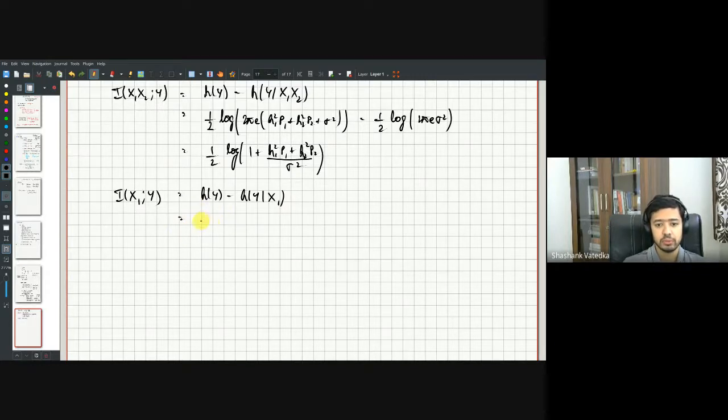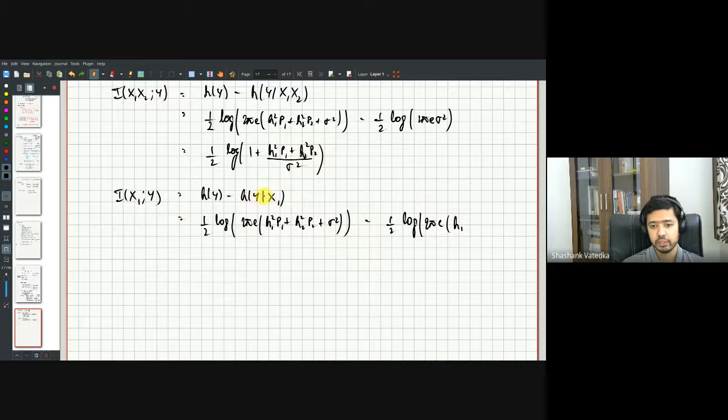The first term, as we've seen, is half log 2 pi e times h1 square p1 plus h2 square p2 plus sigma square, minus h of y given x1, which is the same as h of h2 x2 plus z. So this is half log of 2 pi e times h2 square p2 plus sigma square.